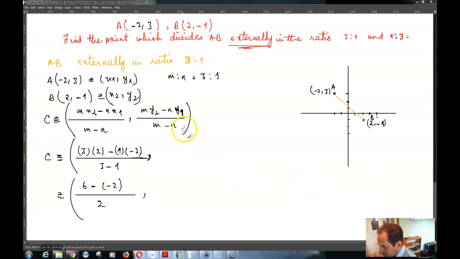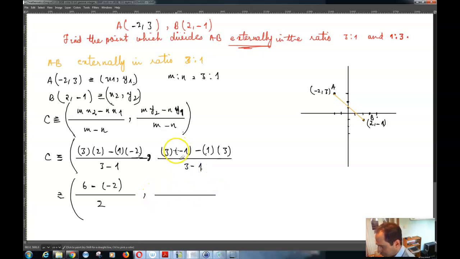Okay, so that was a bad mistake that I made. So my2, m is equal to 3 and y2 is equal to negative 1, minus ny1, which is equal to 1 times y1, which is equal to 3. So y1 is equal to basically 3 over m minus n, which is equal to 3 minus 2, 3 minus 1.